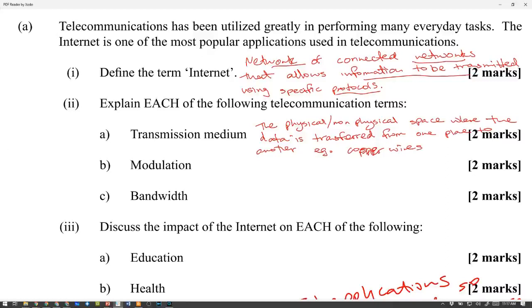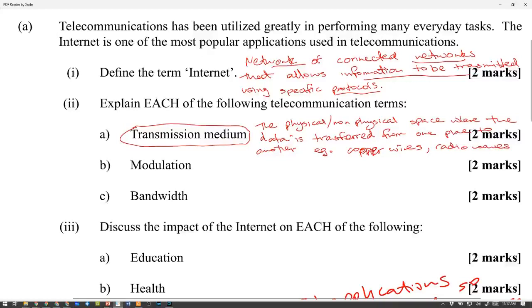Right? So the medium that you use is the place or the space where you transfer the data from place to place. The definition for this is always a little hard to do because there's transmission medium and then there's transmission media. The transmission media would be twisted pair, coaxial, fiber optic, and whatnot. But the medium is basically the physical or non-physical places, copper wires or radio waves.